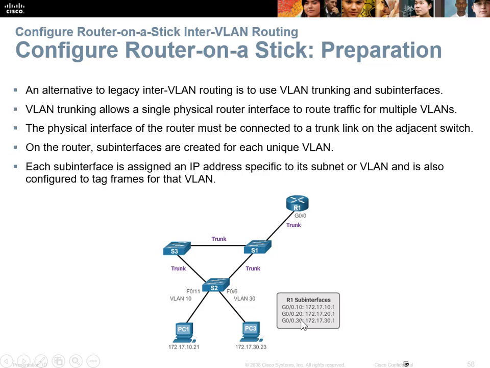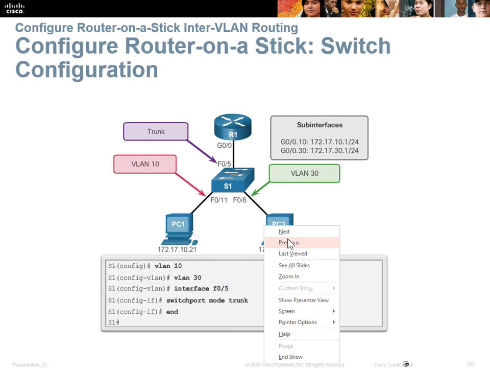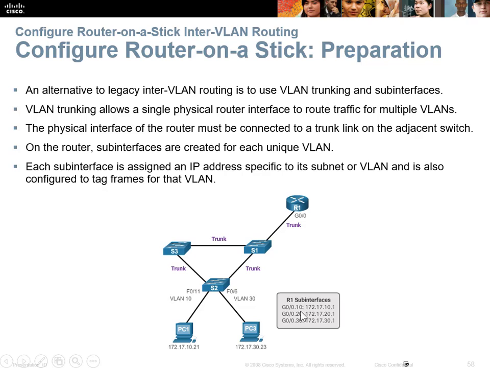So here we're doing sub-interfaces, which means we're taking one interface, G0/1, and we're combining what are called sub-interfaces, which means these three interfaces represent the three networks connected, but they are all going out to the 0 interface. So 0.10, 0.20, 0.30 are the VLANs, but they're using the same connection.